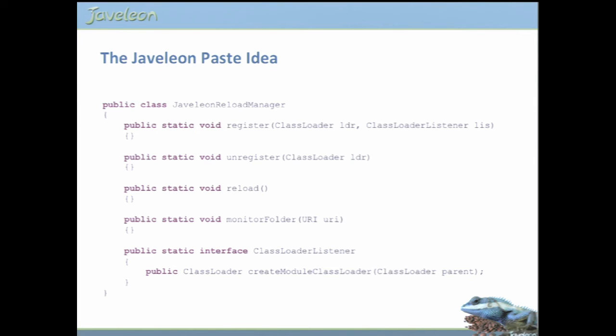So basically you now have global static access to the Javeleon API by invoking register and unregister methods that will do nothing if Javeleon is not enabled. So we actually hook in at load time and fill out the blanks in those methods to actually invoke directly into our internal API.